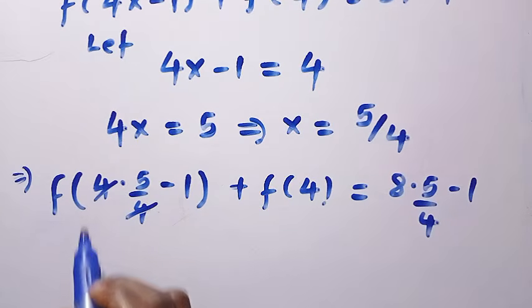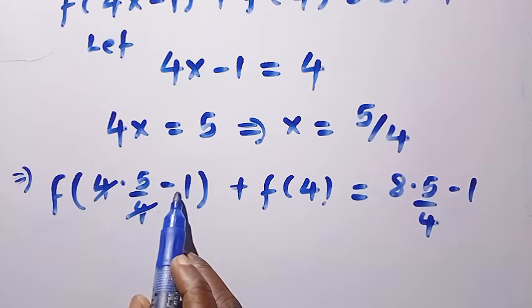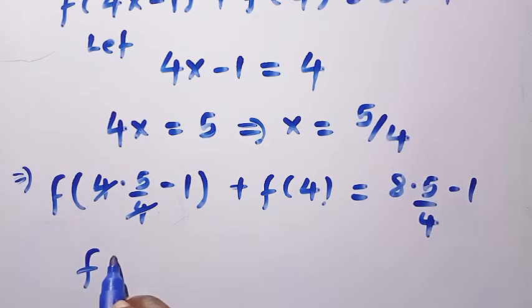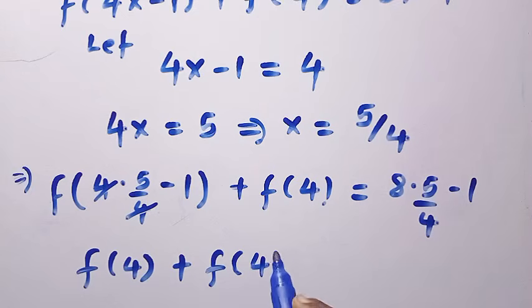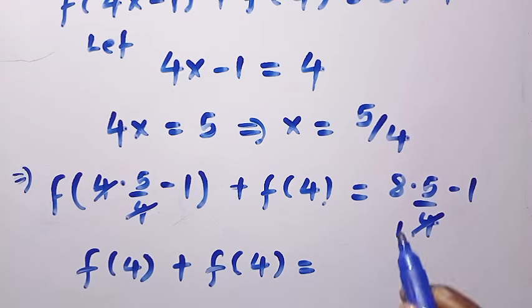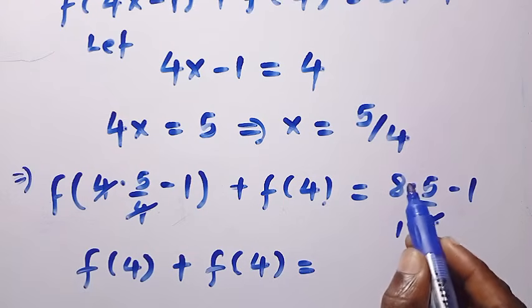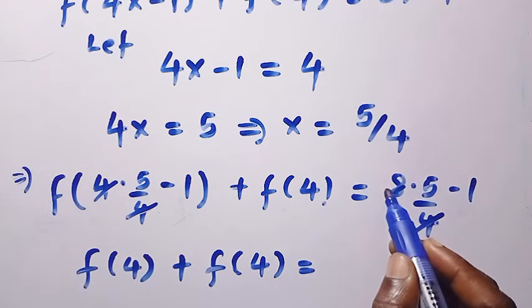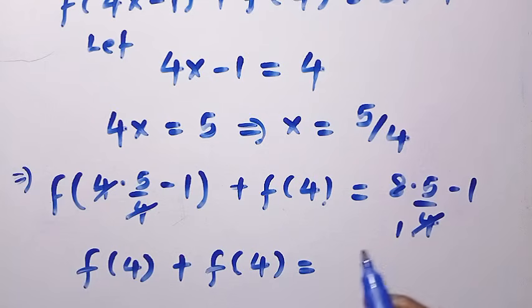So 4 cancels 4 and we have 5 minus 1, that gives us 4, plus f of 4 equals 2 times 5, that is 10, minus 1.